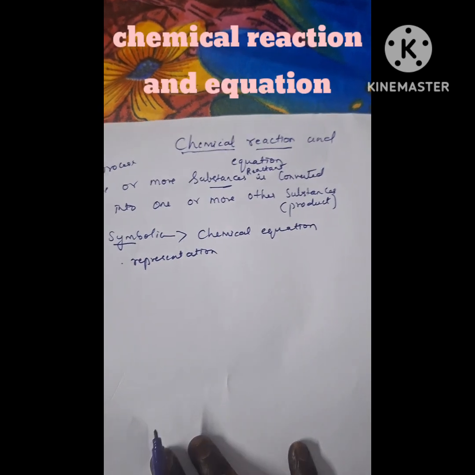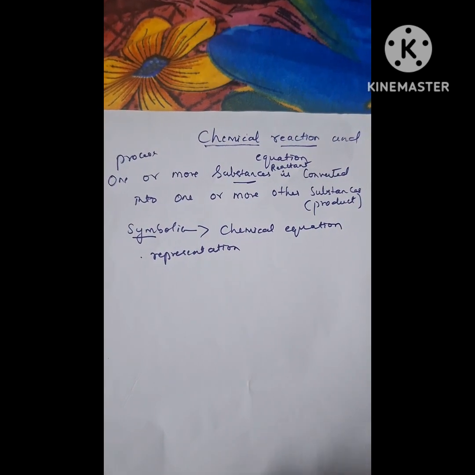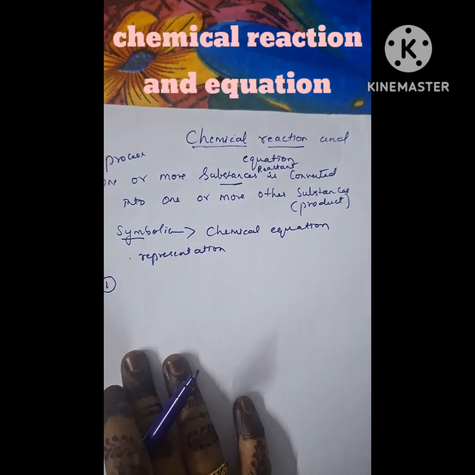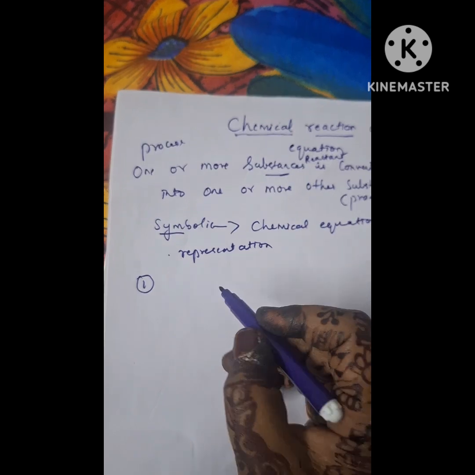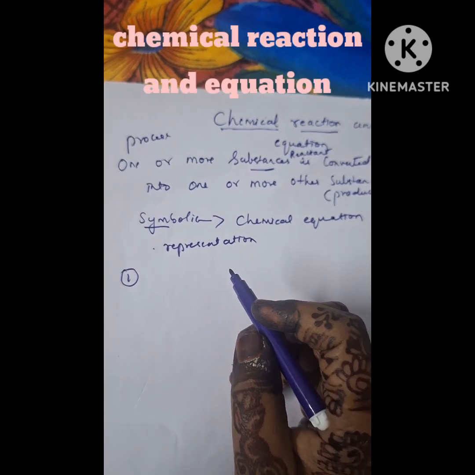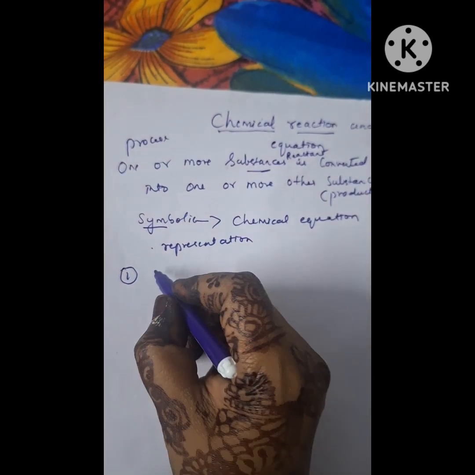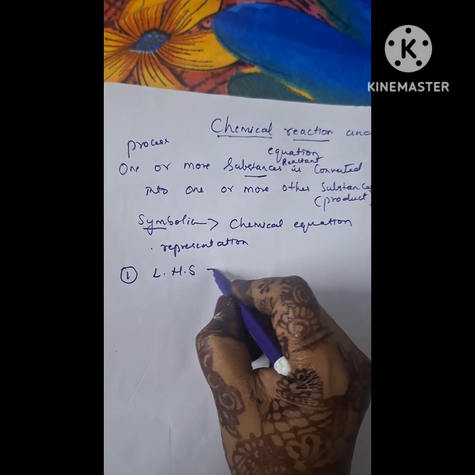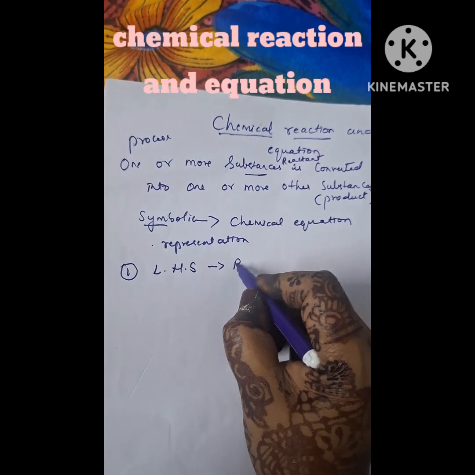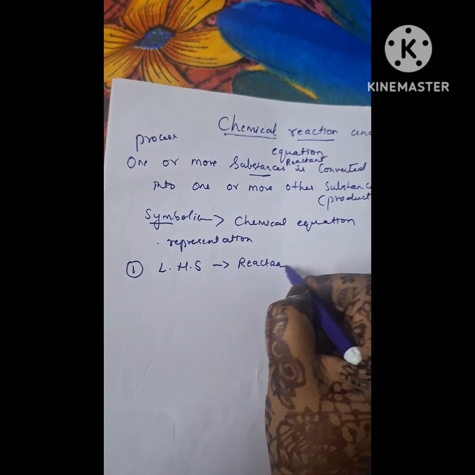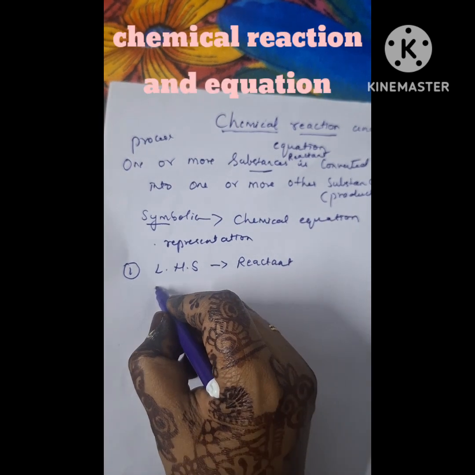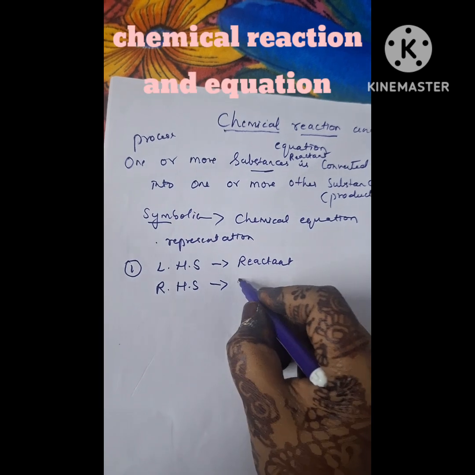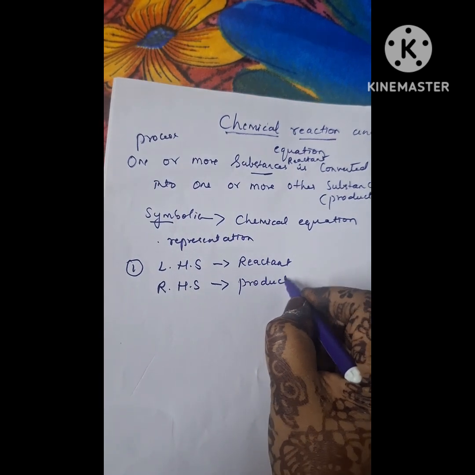To write any chemical reaction, there are certain rules to be followed. First, all the substances which are written on the left hand side are called reactant, and the substances which are written on the right hand side are called product.